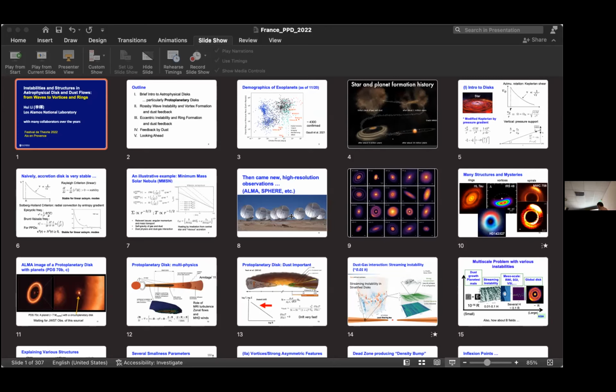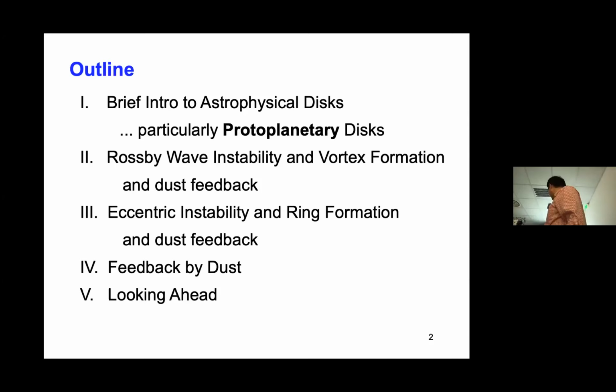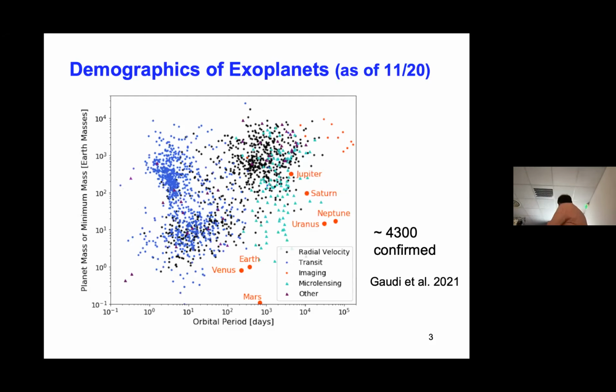And then I want to specifically present to you two specific hydrodynamic instabilities. One is Rossby wave instability, and that will lead to vortex formation in such disks. And another is the, we call, spiral. I forgot the word spiral. Spiral.